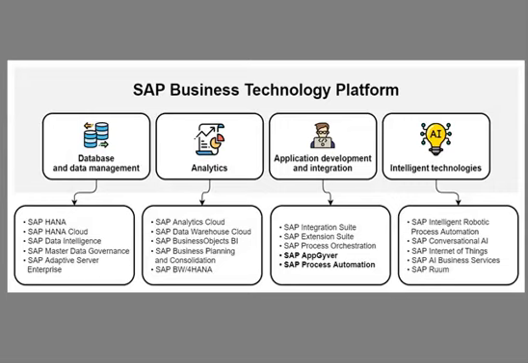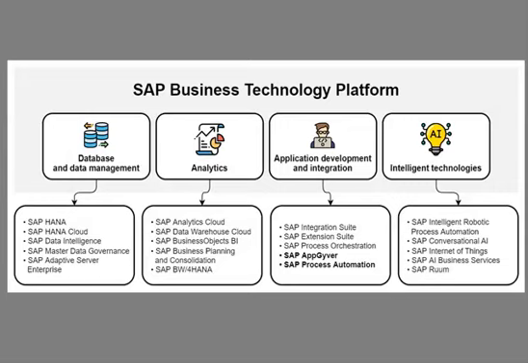It serves as a central hub for developing, integrating, extending, and operating applications in a cloud environment. SAP BTP provides a unified foundation for building intelligent enterprise applications and unlocking the value of data for businesses across various industries.